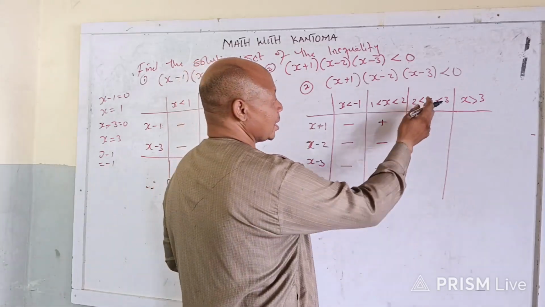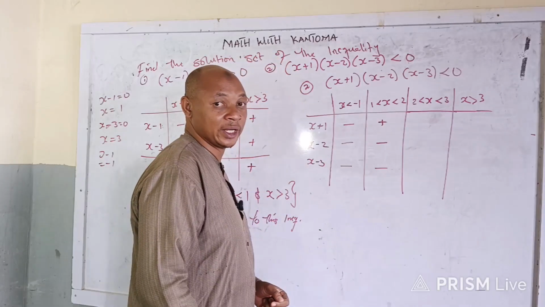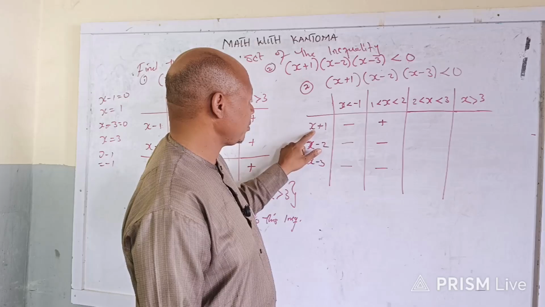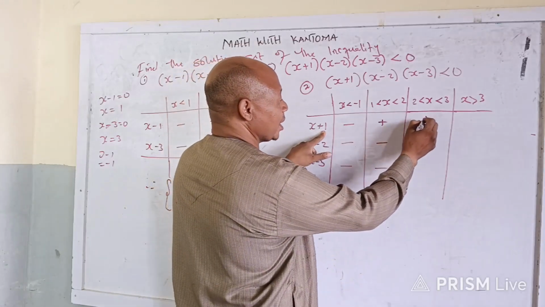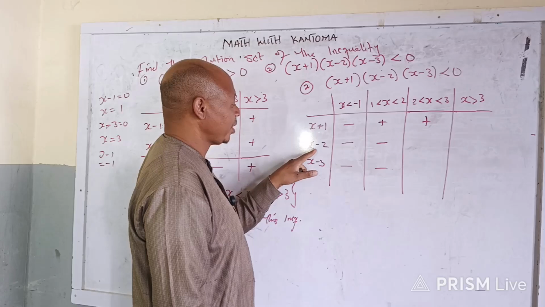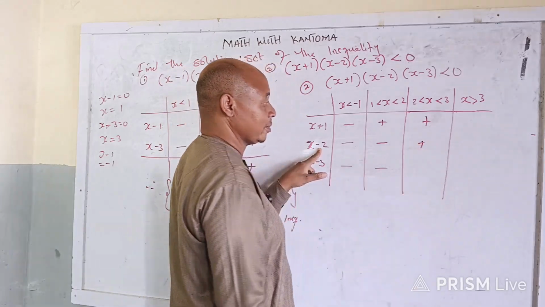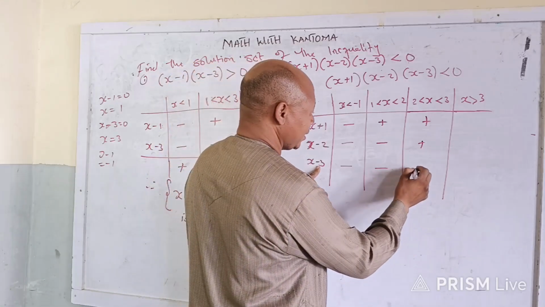So now take the third one, x lying between 2 and 3. Think of any number that is in between 2 and 3. Let's say 2.5. So now put 2.5 here. 2.5 plus 1, you are going to have 3.5. So it is positive. 2.5 minus 2 is going to be 0.5. So it is also positive here. 2.5 minus 3, so you are going to have a negative value here.